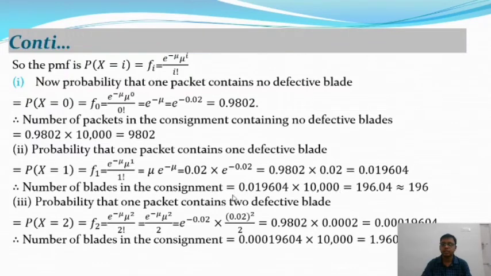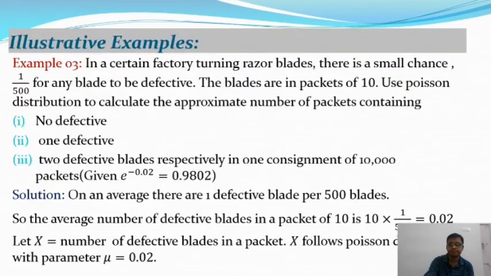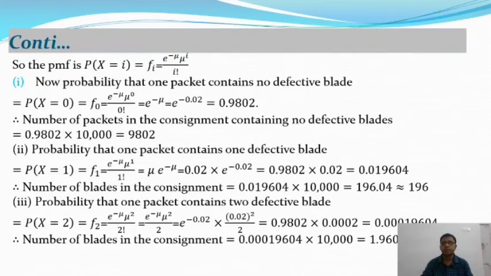So in 10,000 packets, the number with one defective blade is 196.04, approximately 196.